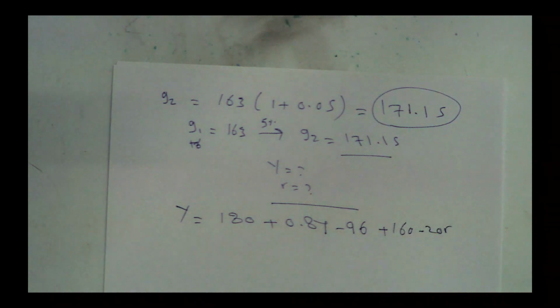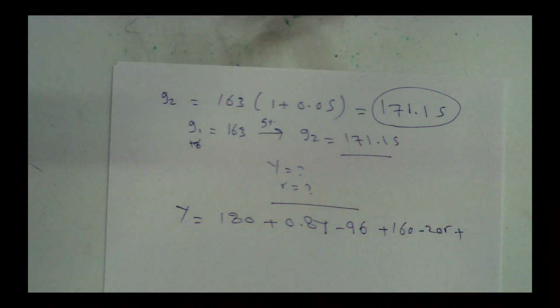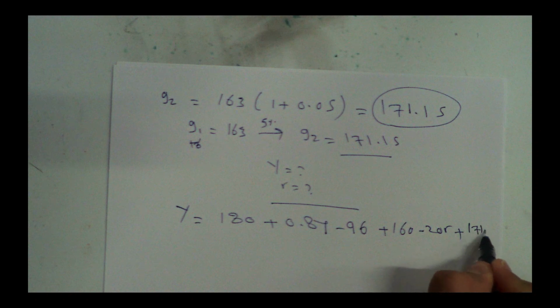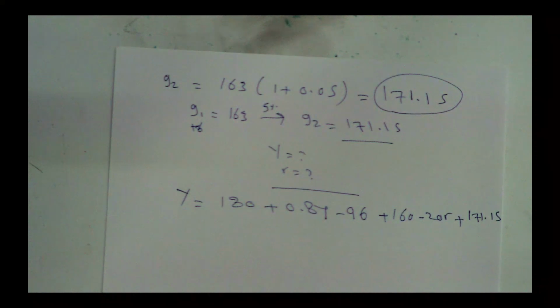So I haven't changed anything so far. This is exactly the same equation we had before. The only thing that has changed here is G. G here is not 163, it is actually 171.15.